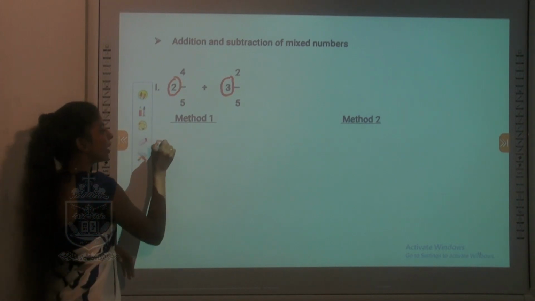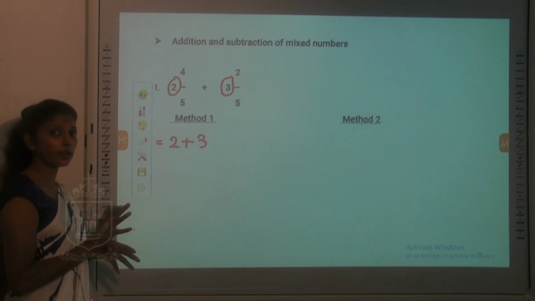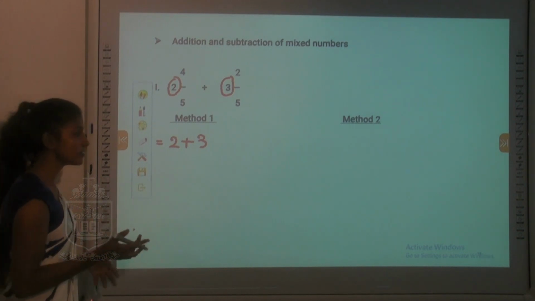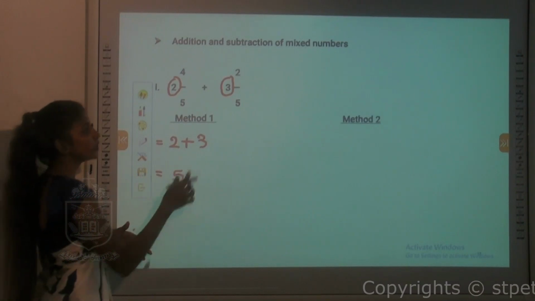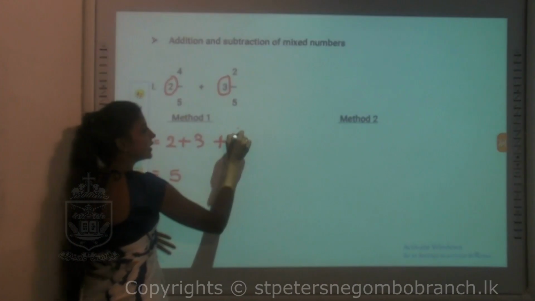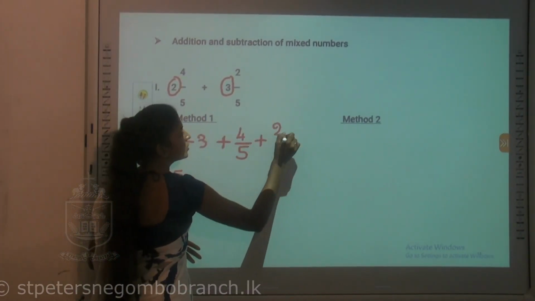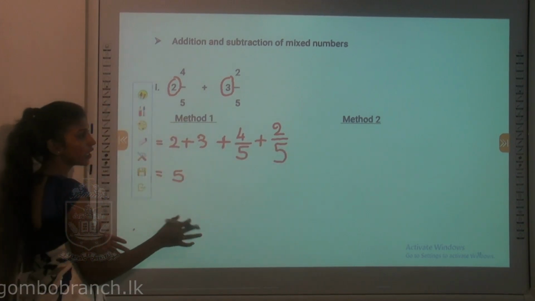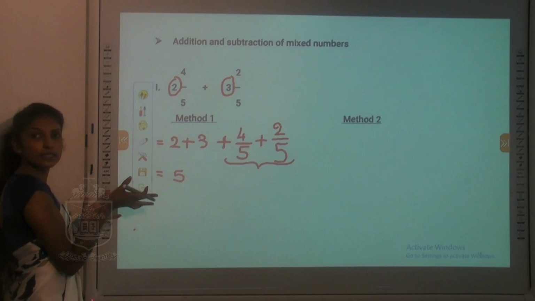You add the two whole numbers, 2 and 3, the answer is 5. And then you add the fraction parts separately. Here the fraction remaining is 4 over 5. Here the fraction remaining is 2 over 5. Then we simplify this part separately and this part separately.